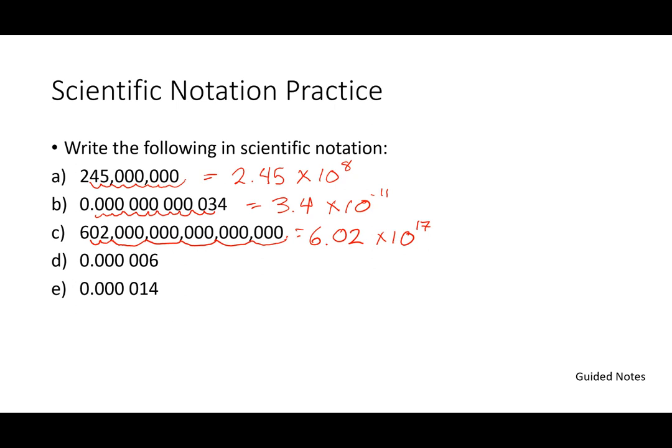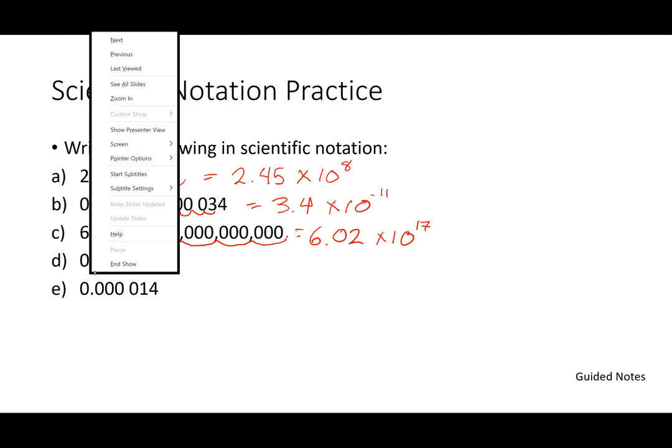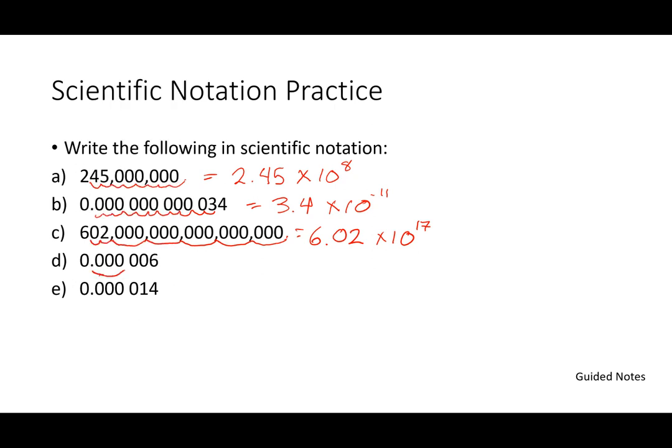All right, let's look at D here. The decimal is right here. We need to move it 3, 4, 5, 6. We need to move it 6 to the right. So to represent a small number, we have 6 times 10 to the negative 6.